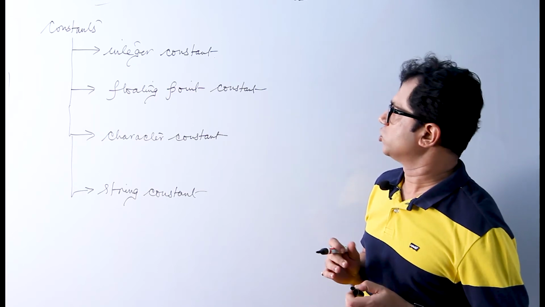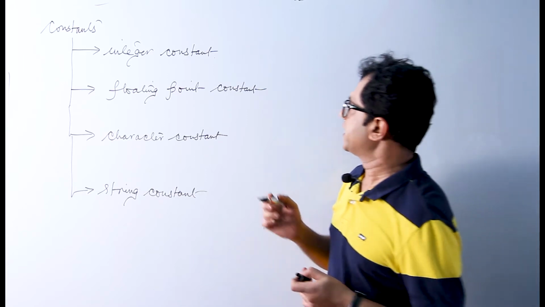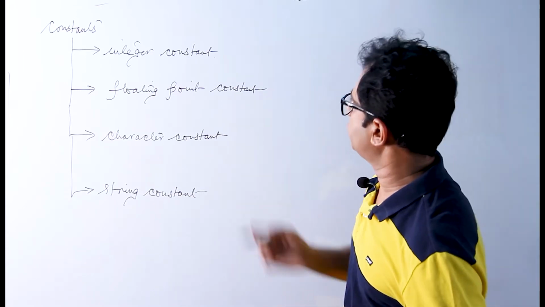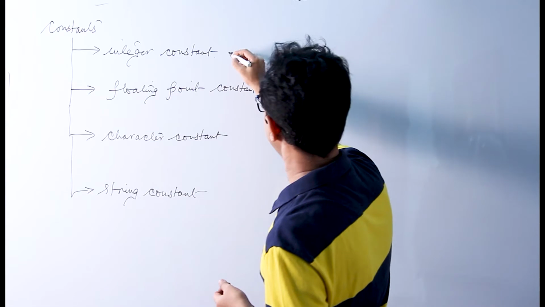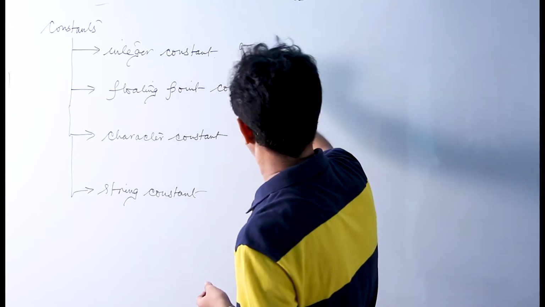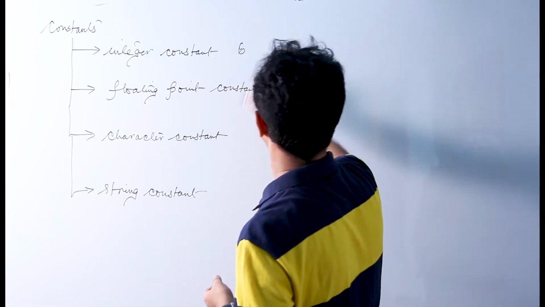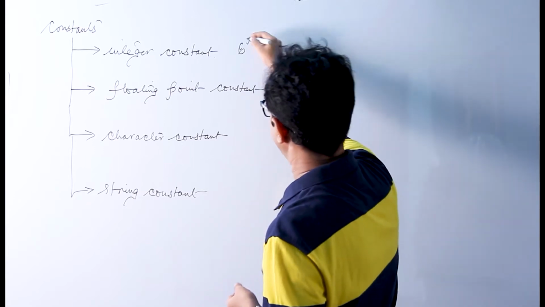For example, we can write 6, so this is an integer constant.